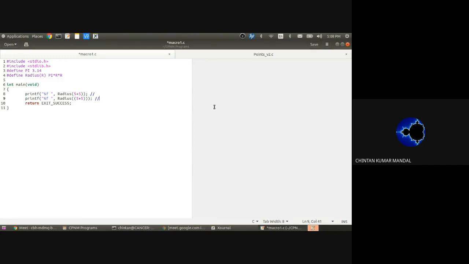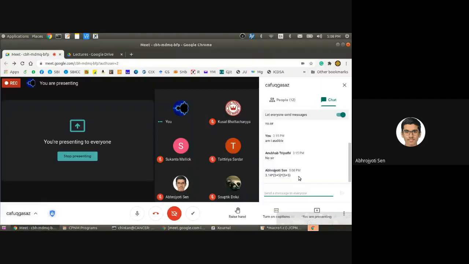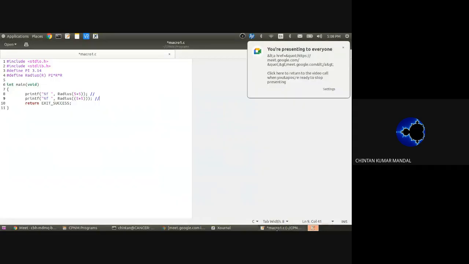What about line number 9? হ্যাঁ স্যার দেখুন চ্যাট বক্সে লিখেছি ফার্স্টটার জন্য কেমন ভাবে কম্পাইল হবে। এটা first one. This is for line number 8.